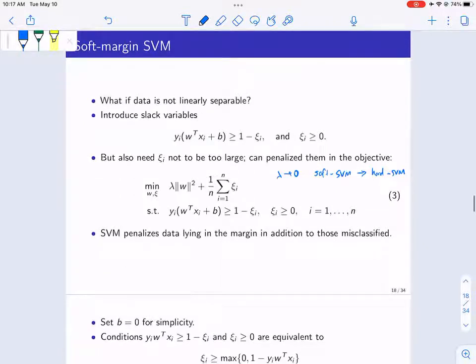So there's this regularization parameter that allows me to tune how strict I want the separation to be. SVM penalizes data lying in the margin in addition to those that are misclassified.